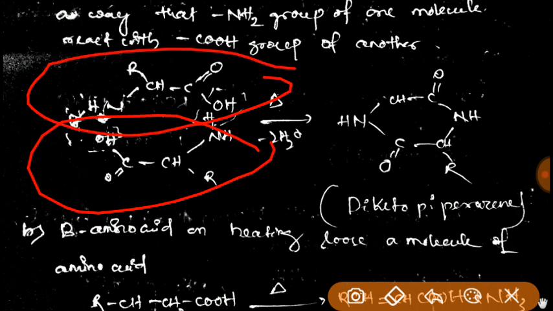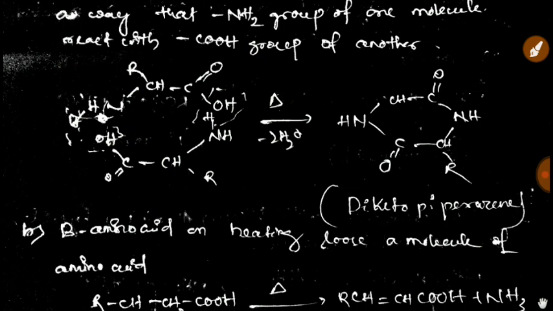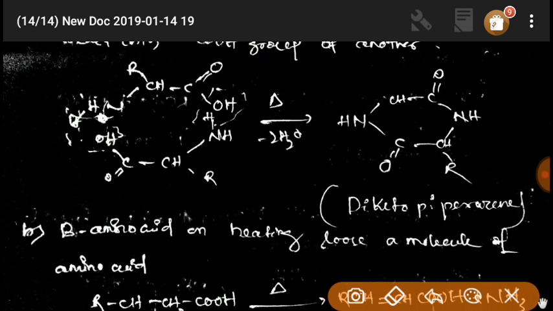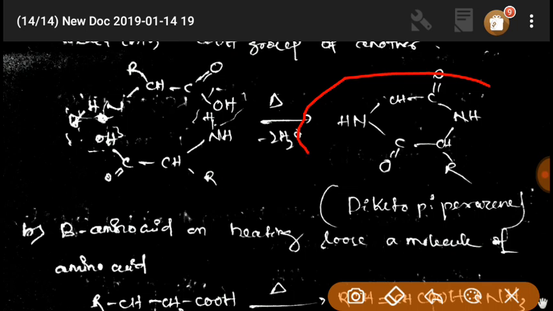From that, the NH2 group of one molecule reacts with COOH. This is NH2 and it reacts with COOH. Okay, I can show you in the figure that I have to give heat and removal of two waters, that at last diketopiperazine will result. Okay, this is diketopiperazine.